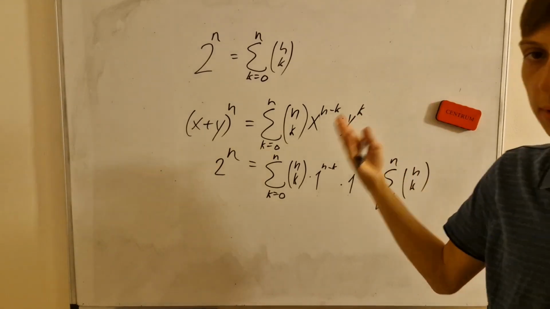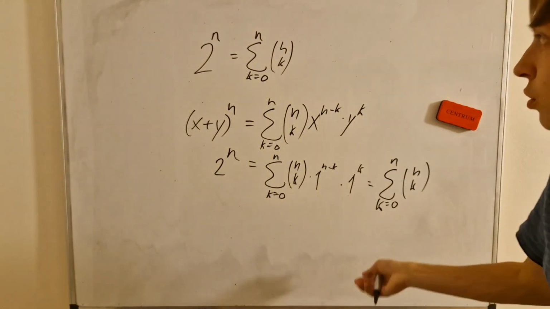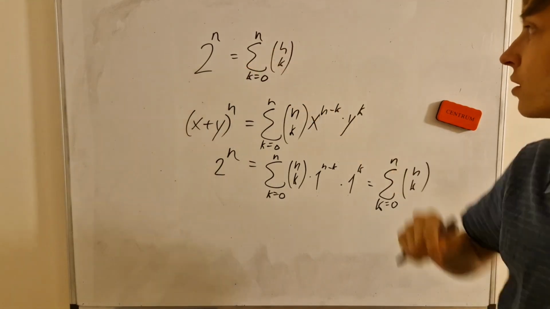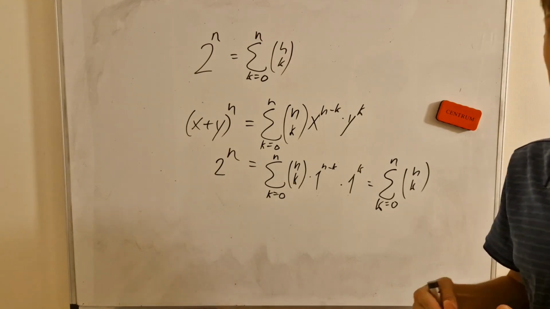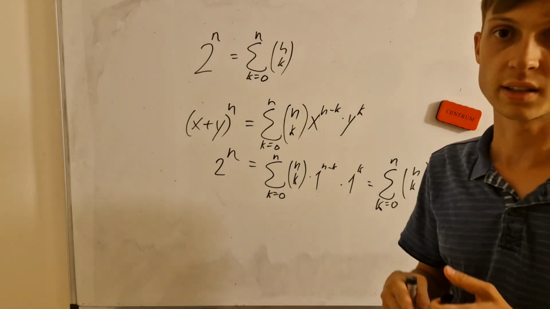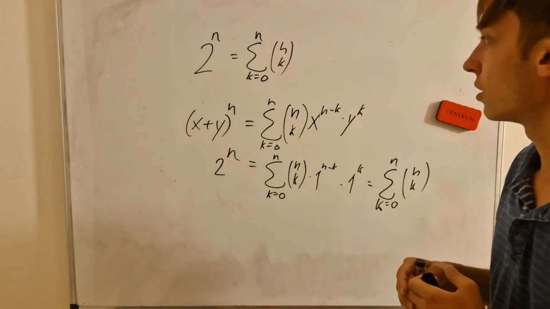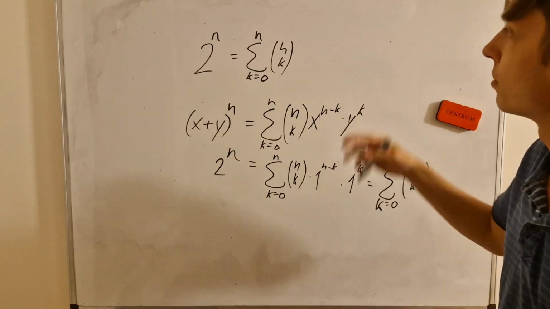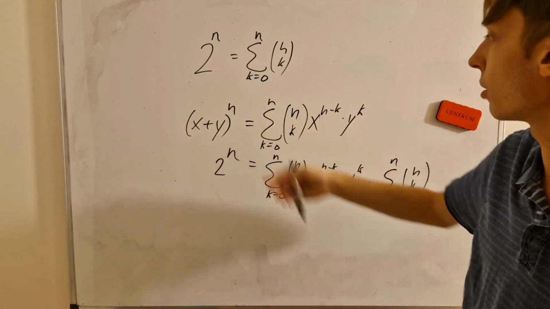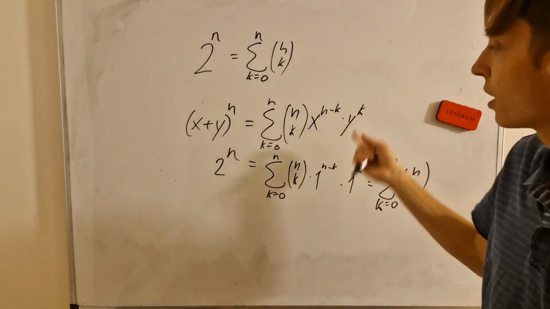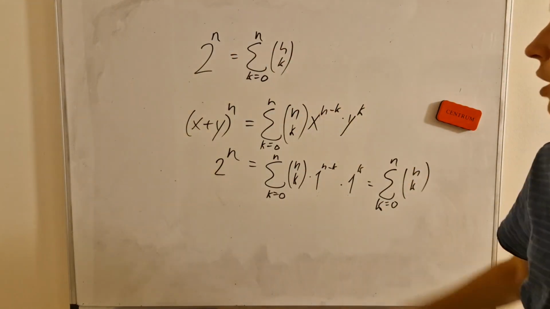So thanks to the binomial theorem, we can use it to prove this case. We can see it as a very specific case that we can find through the binomial theorem, because this is generalized.